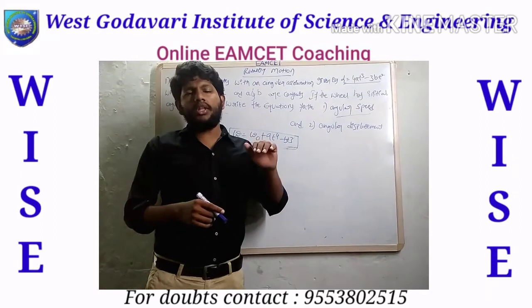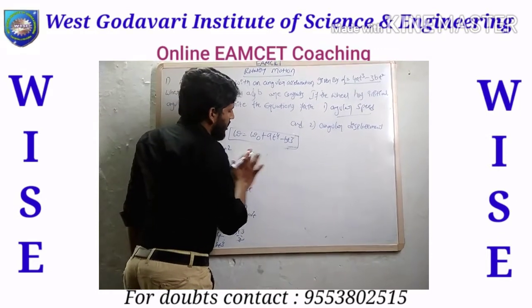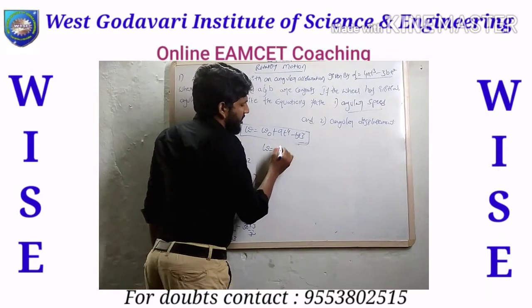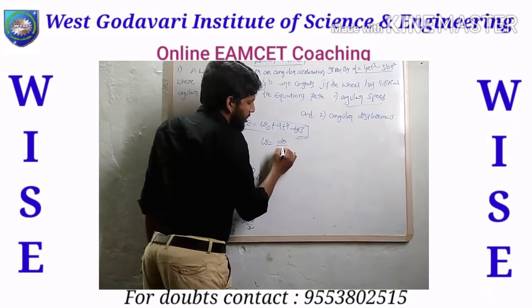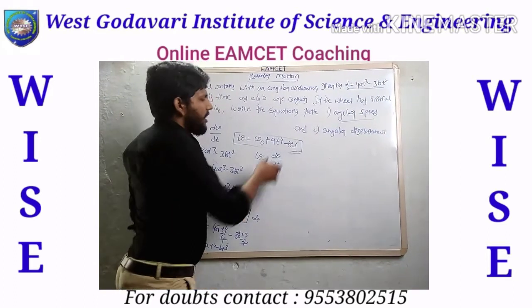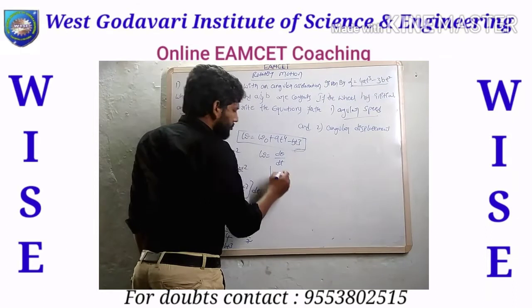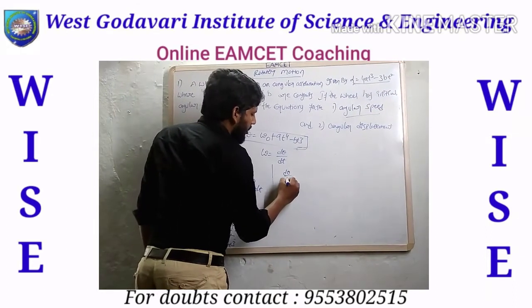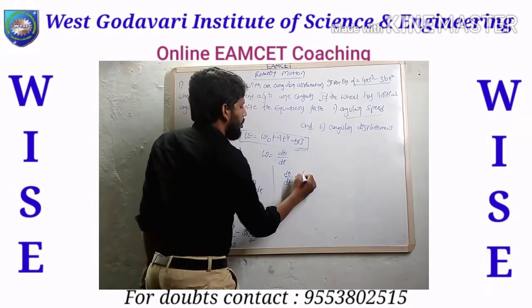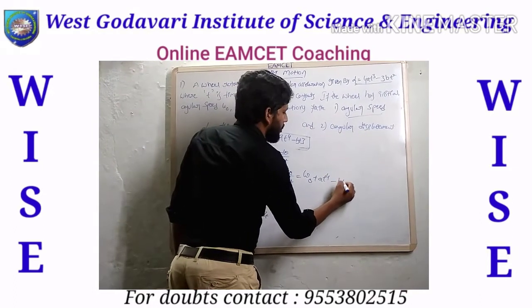And of course we know another equation for angular velocity: omega equals d theta by dt, the rate of change of angular displacement with respect to time. Now equate these two equations. We will get d theta by dt equal to omega naught plus at power 4 minus bt cube.